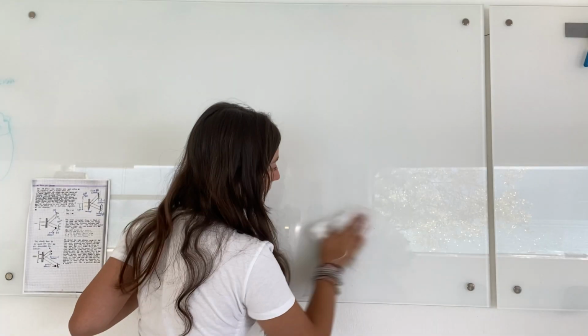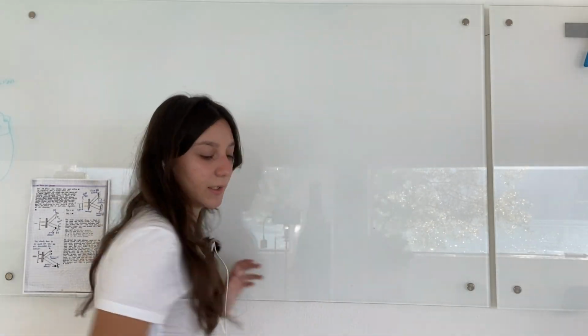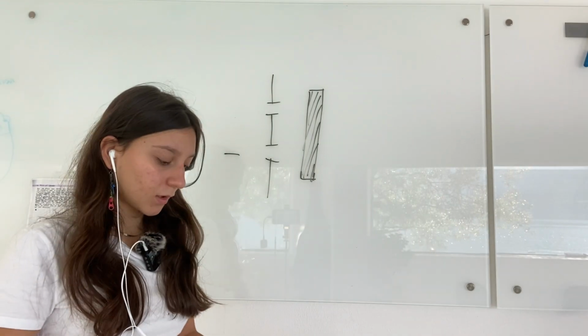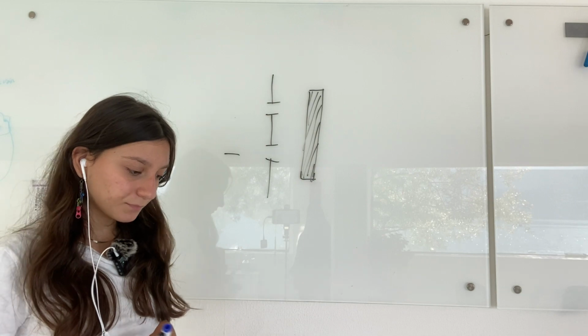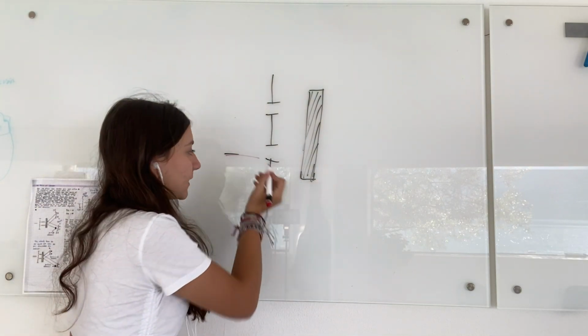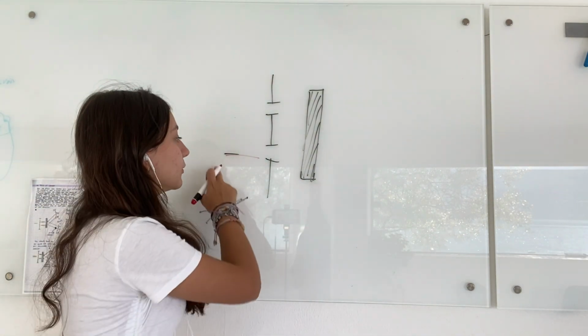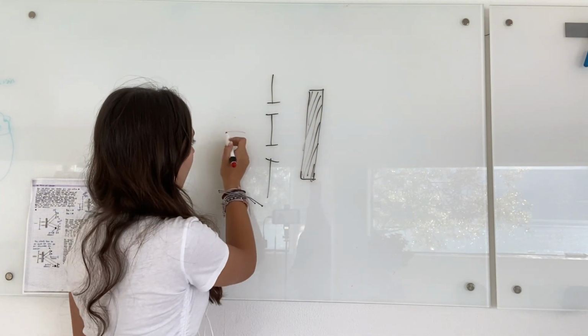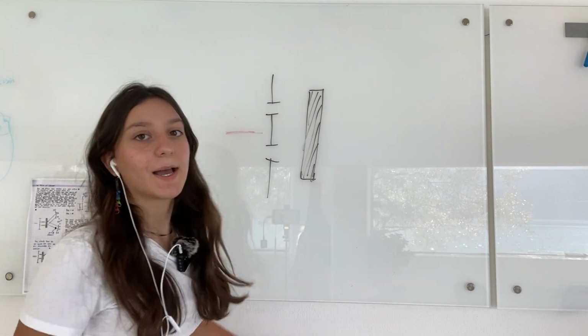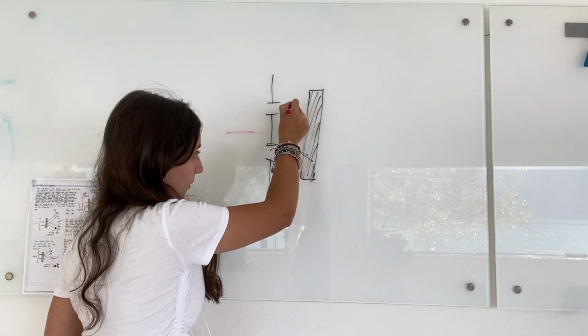Okay. What we're going to do is set up the double slit experiment again. Here we have our experiment again. We're going to do the same exact thing. It's going to pass through both the holes if there were 2.